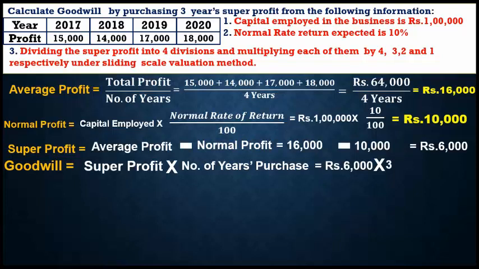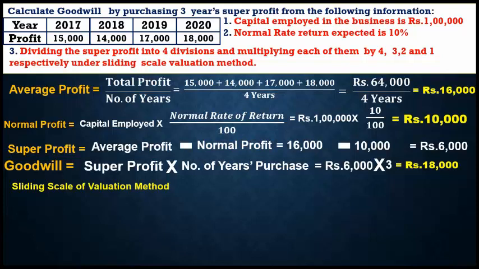How much? 3 years, already given in this problem, 3 years purchase of super profit. Now 6,000 into 3. What is the answer? Rupees 18,000 is the goodwill under the super profit method. What is the goodwill amount? Rupees 18,000.